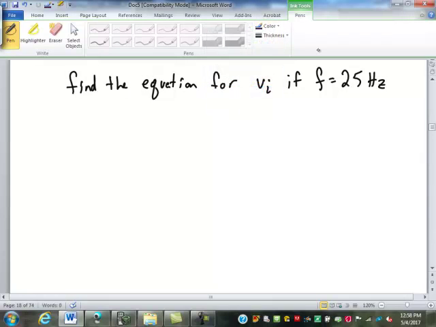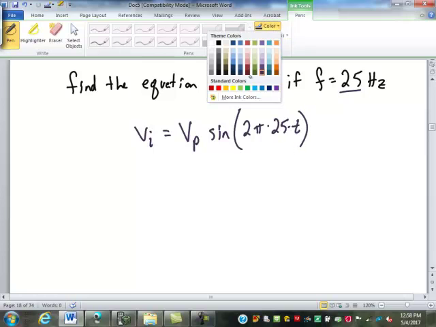How does that change our formula? Well, I've got to take out that 120, right? So I have to go back to that basic formula. So VI equals voltage peak times the sine, and it's going to be 2 pi times 25 times T.